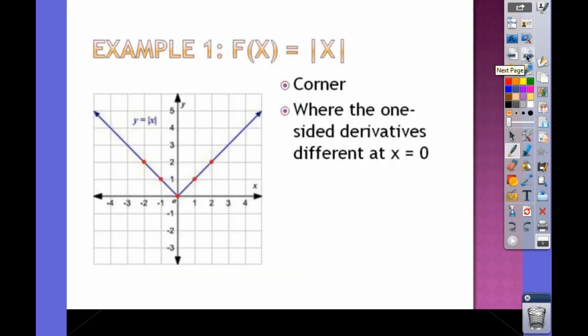So let's look at example number 1. That's an absolute value. That is an example of a corner. You can give yourself a rough sketch on your paper. I could show you why this would fail. What would the limit as h approaches 0 from the left of the absolute value of x be?